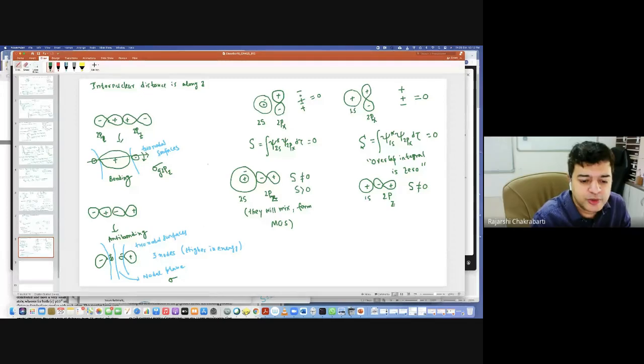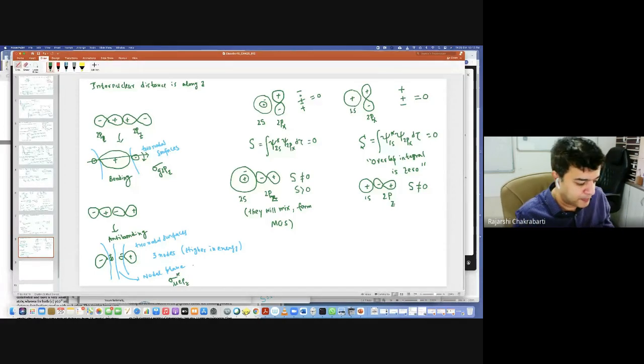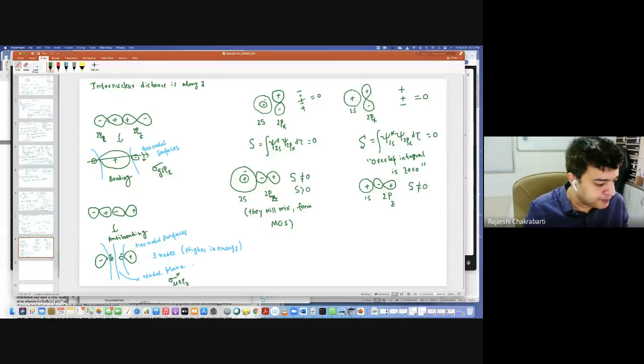So in this case, this will be G and this will be U, of course 2pz. But again, I have to put a star because it is the anti-bonding. Is this clear to all of you?